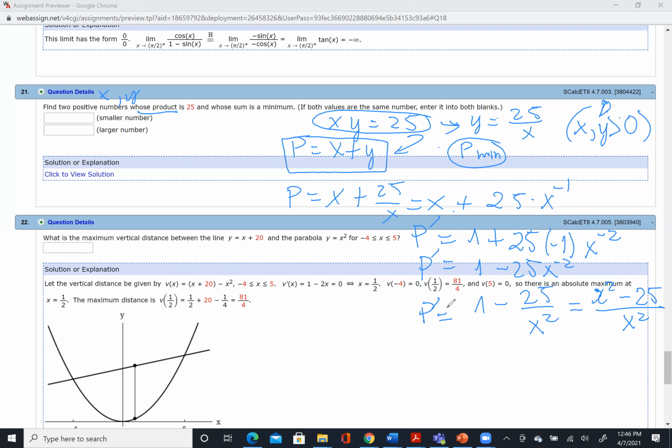Why do we have to do this step? Get the critical numbers. Critical number. Good. So we have to set p derivative equal to 0, right? So I have x squared minus 25 over x squared equal to 0.